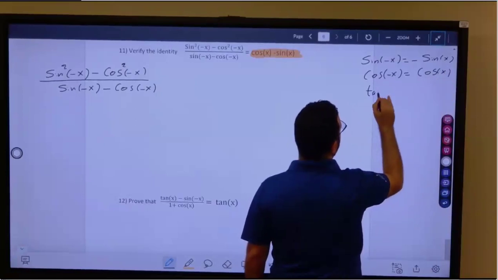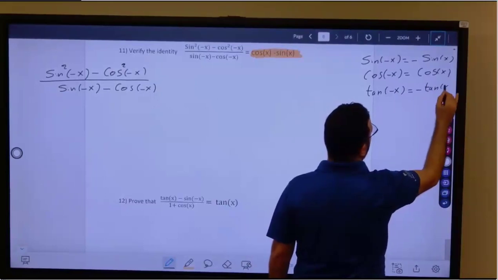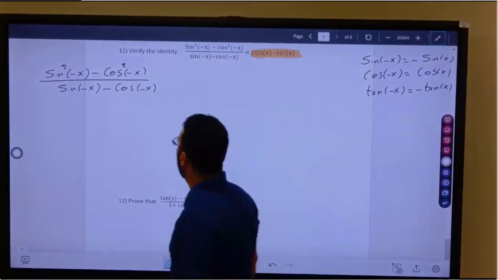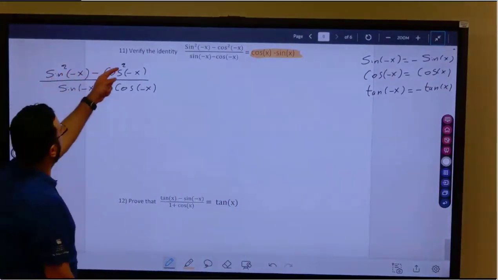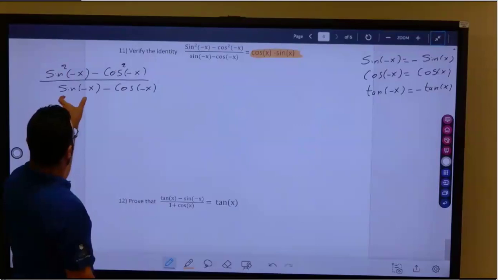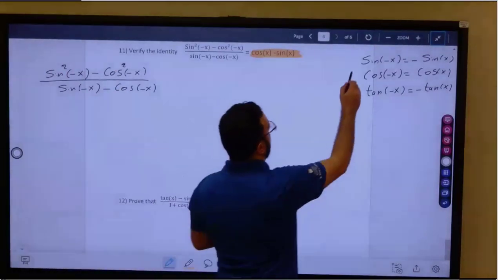Tangent of negative x is going to be negative tangent x. Okay, so let's check here. But I have squares. Yes, on this part you're just going to plug in what we have here.